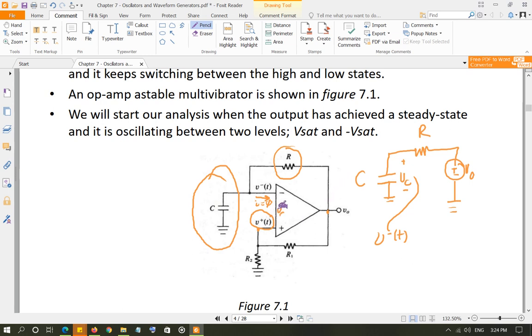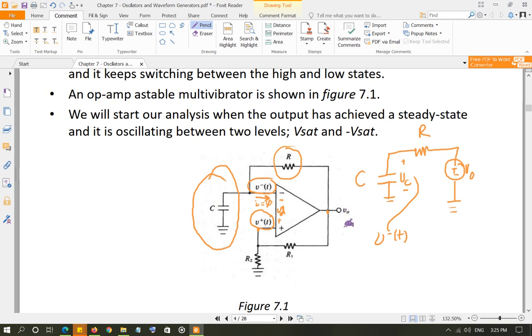Basically, remember the differential voltage Vd will be greater than 0 if V positive is greater than V negative, and Vd will be negative if the voltage V negative, the voltage across the capacitor, is greater than V positive. And for those values, of course, the output will be in negative saturation.